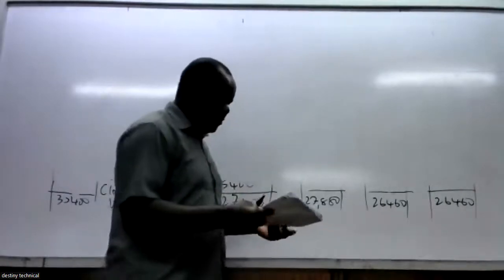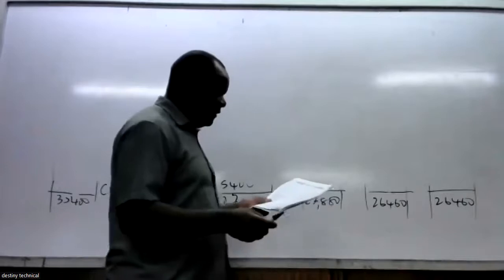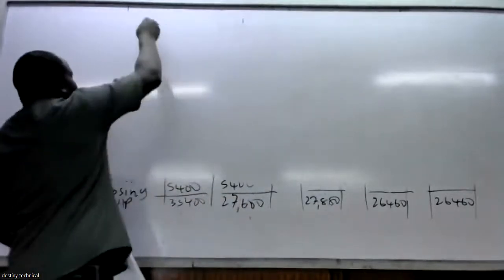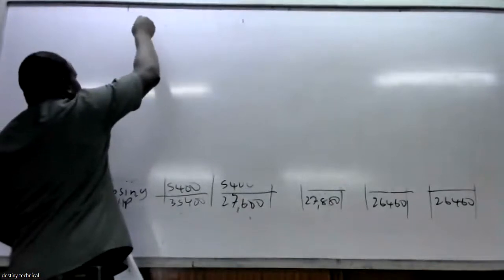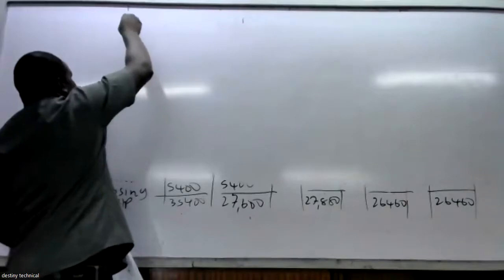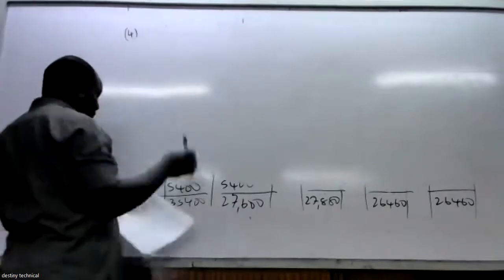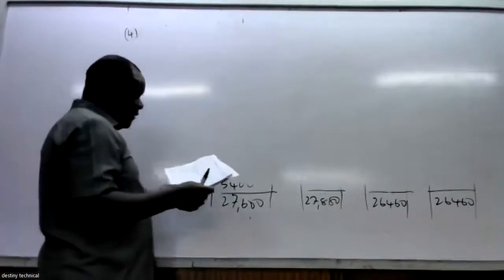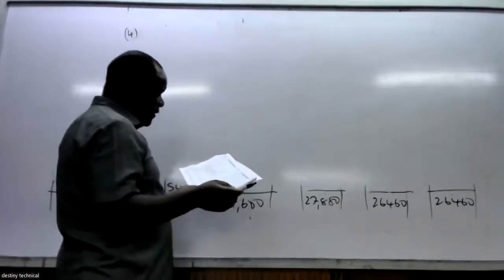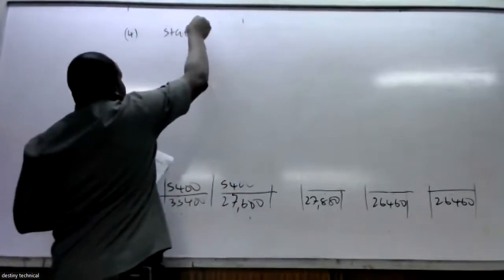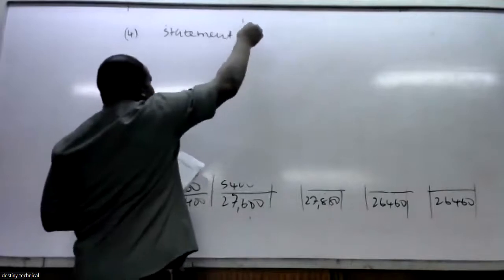So we now got step number 4 as part B of the question, whereby we prepare the statement of equivalent units for each statement of costs.